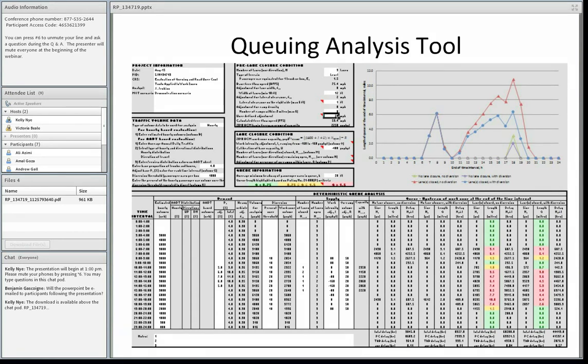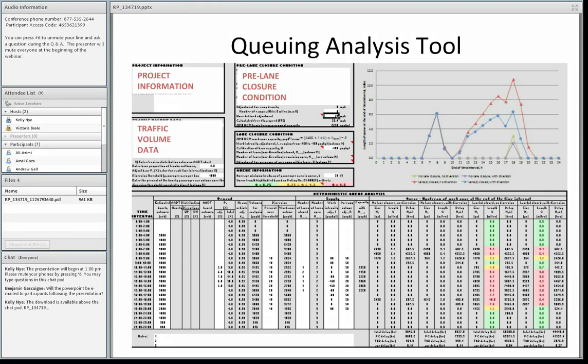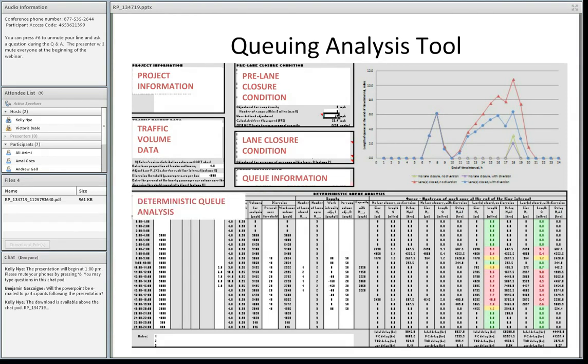So the first block is a project information block, followed by a traffic volume data block, a pre-lane closure condition block, a lane closure condition block, which is actually in the work zone, with some queue information in a queue information block, and then the block that contains the actual analysis, and finally an output graph. So we're going to look at each of these individually.